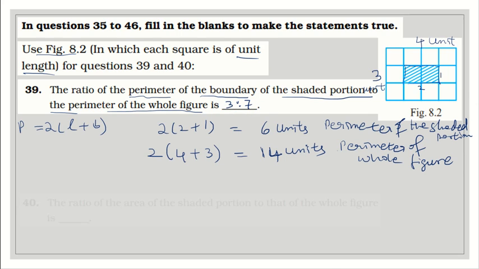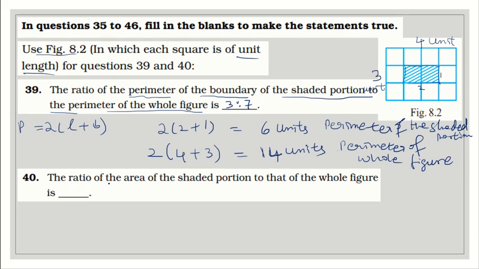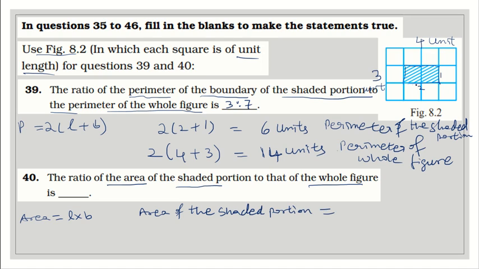Now moving on to question number 40. The ratio of the area of the shaded portion to that of the whole figure. Now how to find the area? Area is found with the formula L into B, and you need to find the area of the shaded portion, where 2 units by 1 unit gives 2 square units.